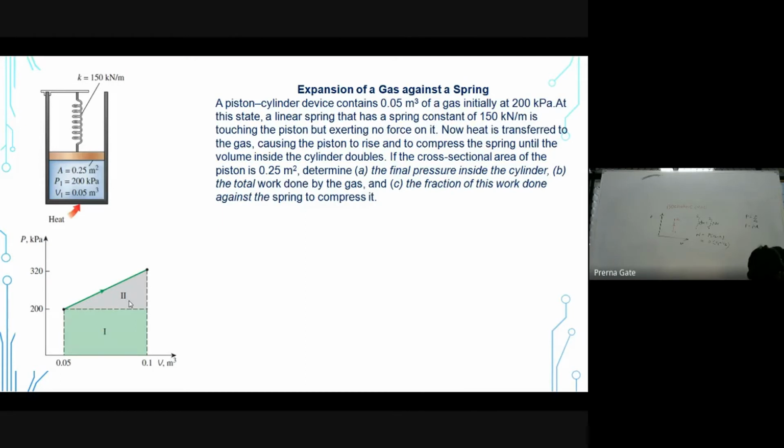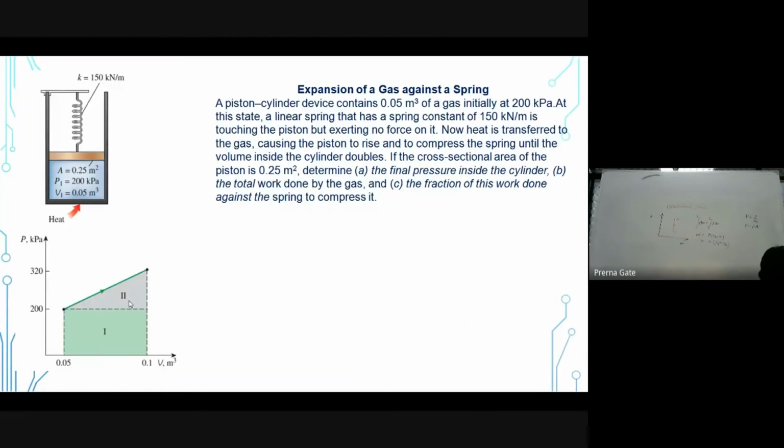So this is an example of a polytropic process. Here a piston-cylinder device contains 0.05 meter cube of gas initially at 200 kilopascal. At this state, a linear spring that has a spring constant of 150 kilonewton per meter is touching the piston, but exerting no force on it.